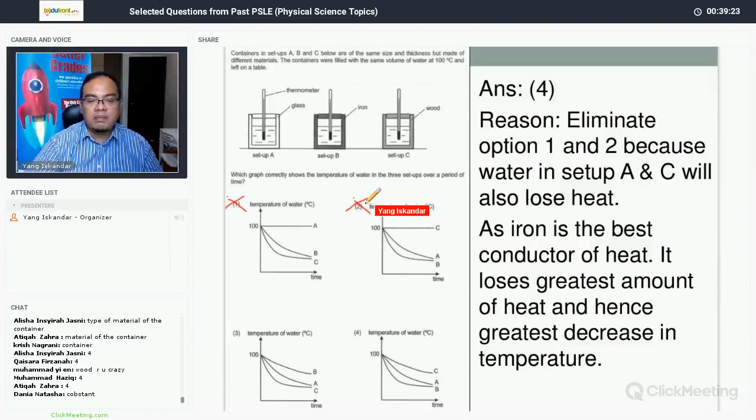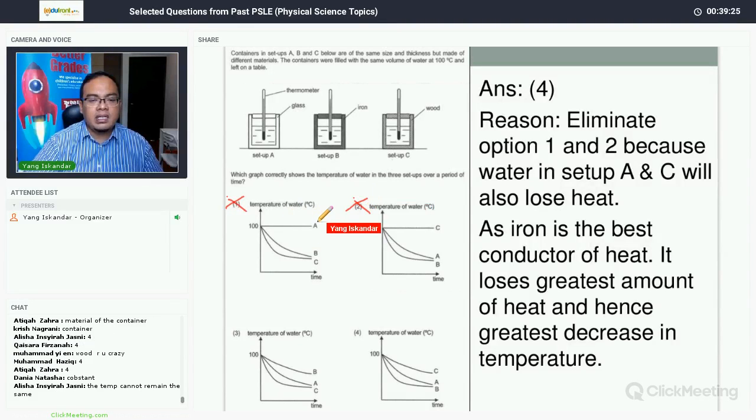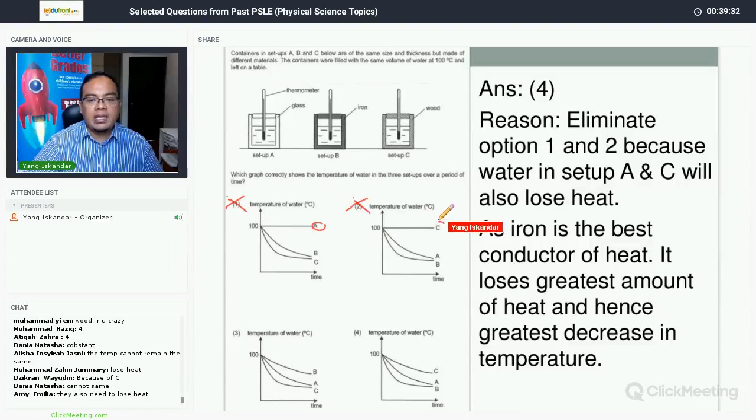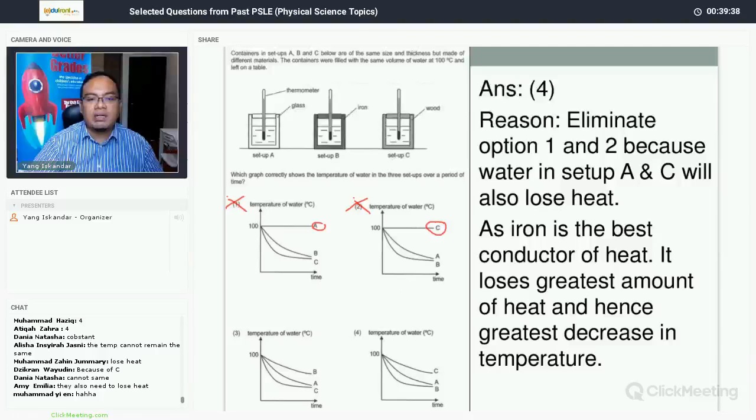Okay, why can you eliminate? Because you can see here, the temperature of the water in A is constant, and in C here is constant. Now remember, even though glass and wood are poor conductors of heat, they are not non-conductors.